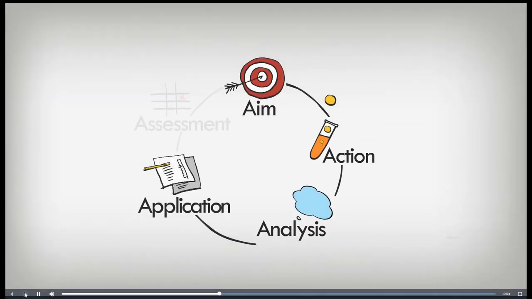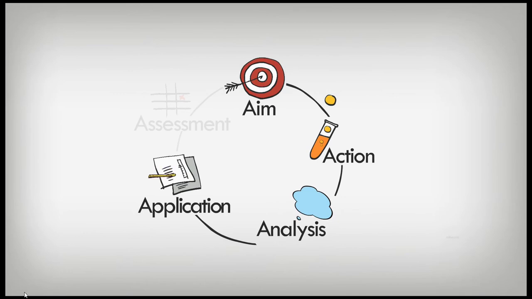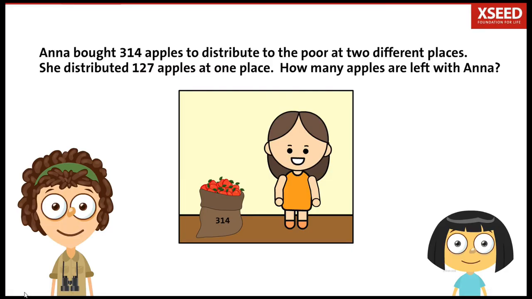Time to apply what we have learned to a real problem. Anna bought 314 apples to distribute to the poor at 2 different places. She distributed 127 apples at one place. How many apples are left with Anna?